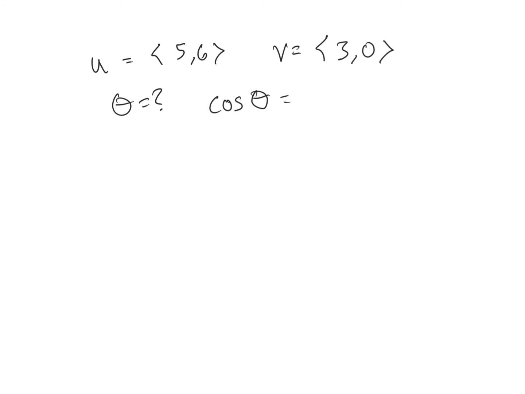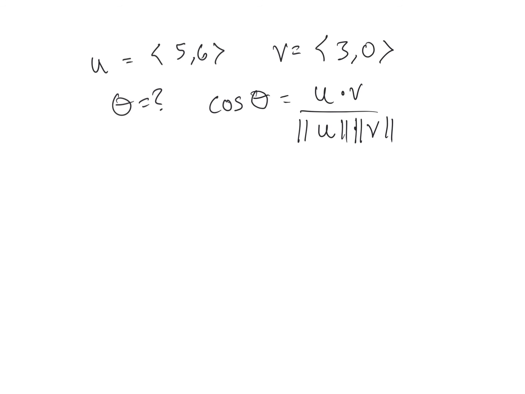Okay, let's say we want to find now the angle between two vectors. Let's say u equals (5, 6) and v equals (3, 0), and we want to find theta. The formula here is cosine of theta equals the dot product of u and v divided by the magnitude of u times the magnitude of v. That seems like a lot, but we know how to find each and every component now.